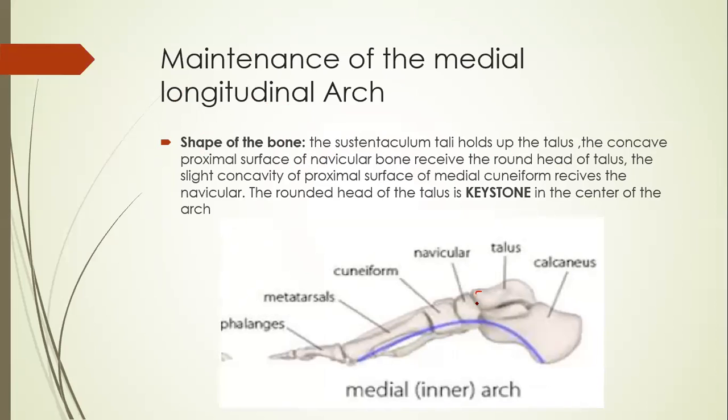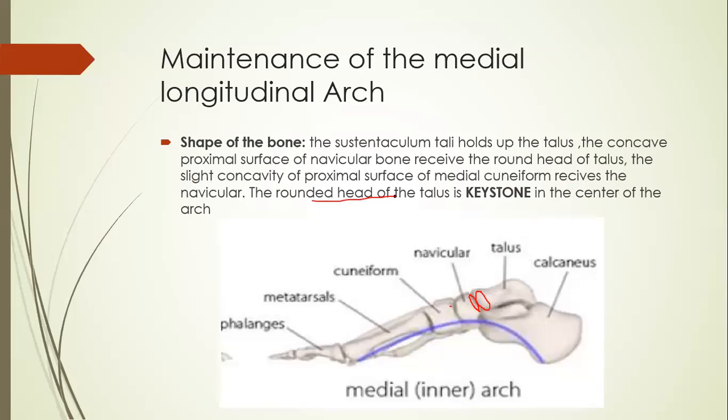Here is the talus, and the round bone is received by the navicular. This articulation, okay, and the slight concavity of the proximal surface of the medial cuneiform, which is right next to the navicular. Here, this is the whole articulation.